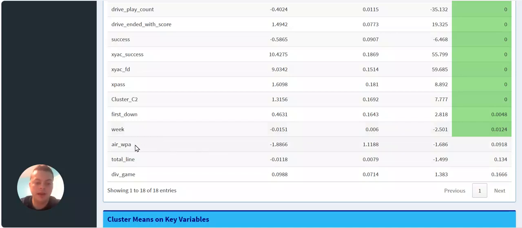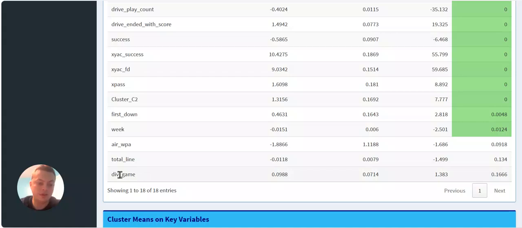And then air win probability added still falls below the 10% significance level at 0.90918. And then the total line, which is the total points for the game, estimate is 0.134.